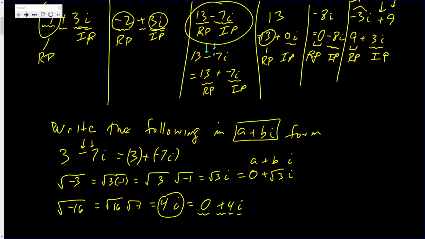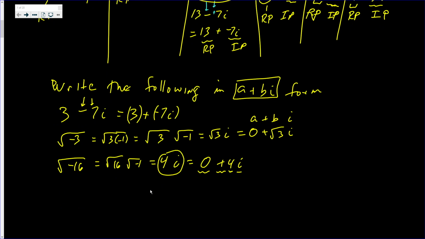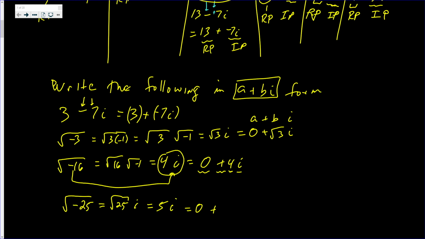Now, if you notice, this minus sign pretty much just comes out as I. So the square root of negative 25 is just the square root of 25 times I, better known as 5i, also as 0 plus 5i.